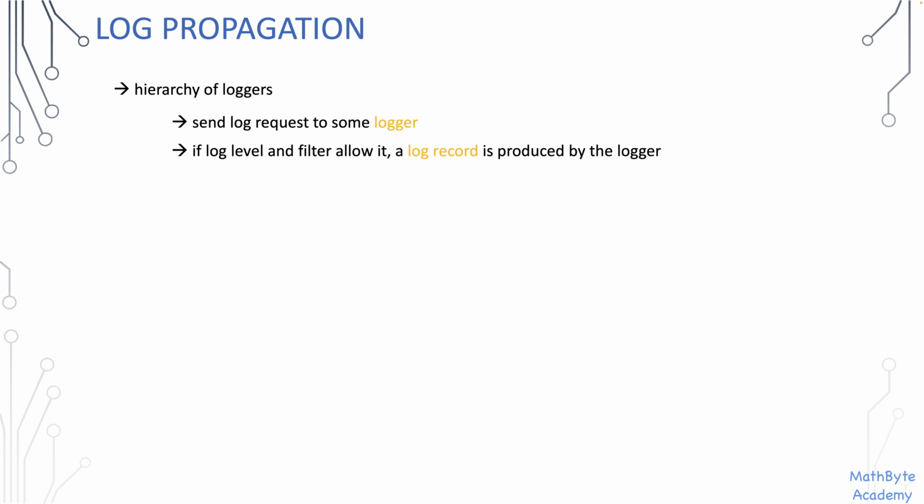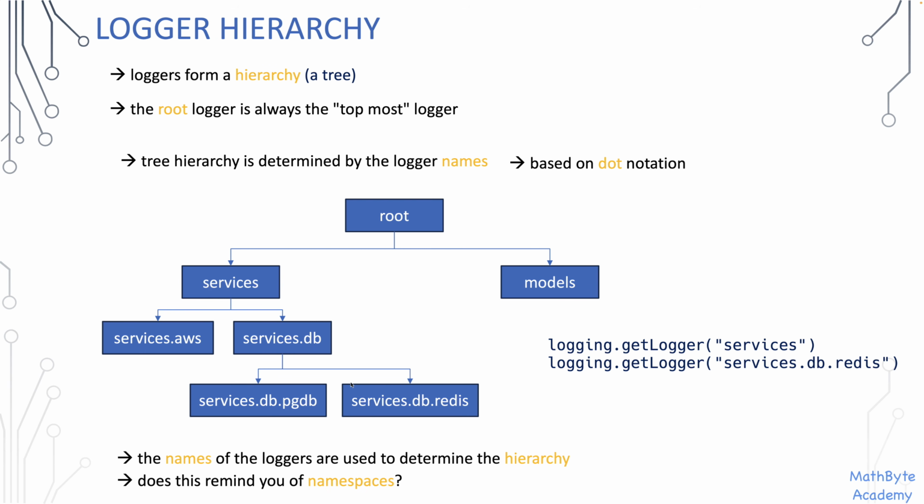So again, looking at this hierarchy, if I'm in the services DB logger and I send, let's say, an info to the services DB logger, once it's done handling it, it's accepted it, right? The log level at the logger level didn't filter it out and the filter didn't filter it out. What should it do with it? Well, it will potentially send it to the services logger.